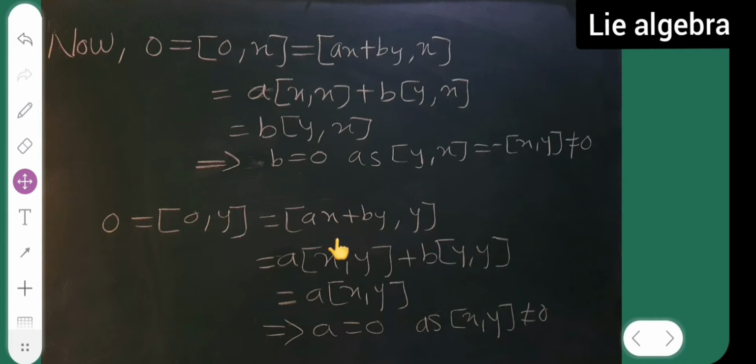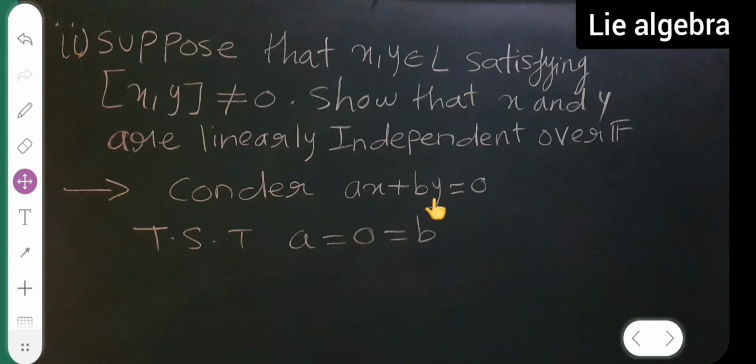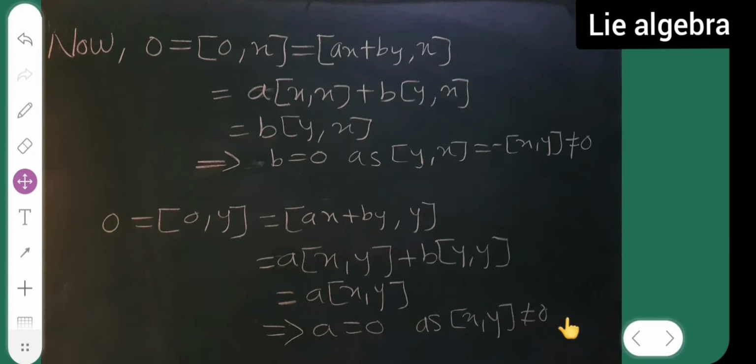Then in the same way it is equal to a, keep it outside, [x, y] plus b[y, y], and here my [y, y], by alternativity, is equal to 0, so this will become 0. What will remain is a[x, y]. Now here my a is equal to 0 as [x, y] is not equal to 0. From here, [x, y] is not equal to 0. So here I am done with this proof.